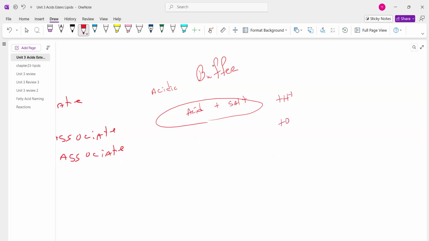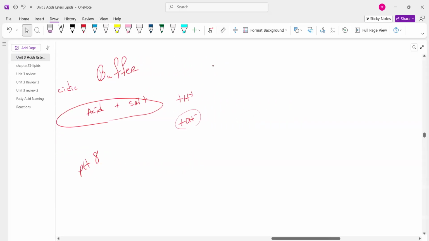If you throw a base in, it absorbs the OH and maintains the pH. Now this is to a degree. If you throw in a whole bunch of acid or base, then this doesn't work. But let me talk about the way our body buffers pH.